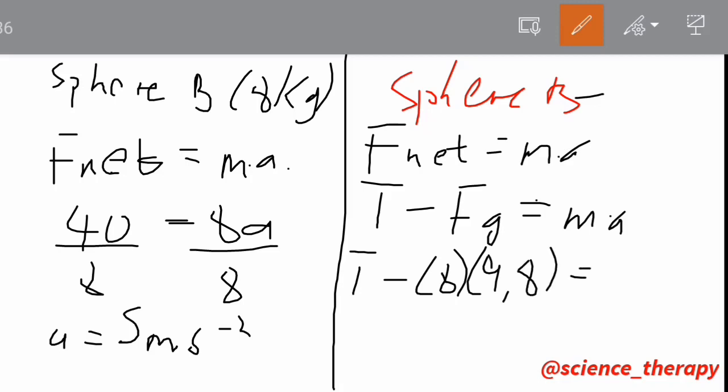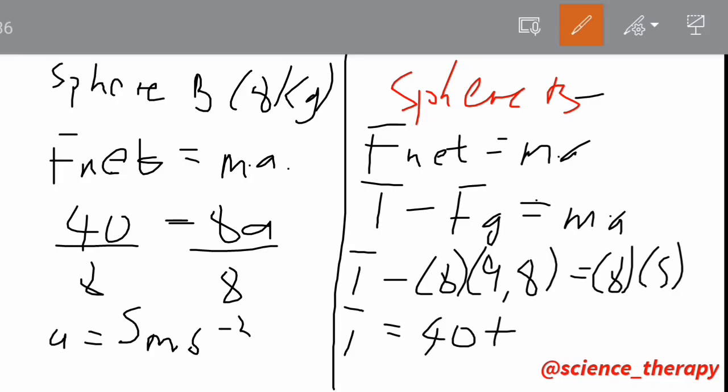And then we have here 8, but then remember the acceleration is 5, which we have just calculated. Now T is equal to 8 times 5. 8 times 5 we have 40. Then we can just transpose this one, 8 times 9.8, that gives us negative 78.4.